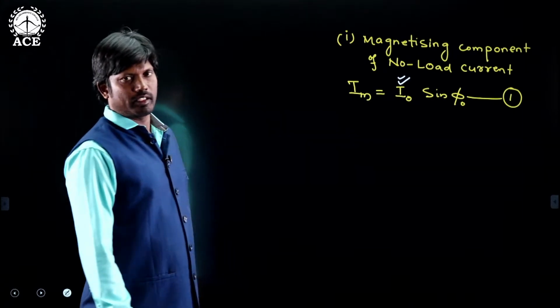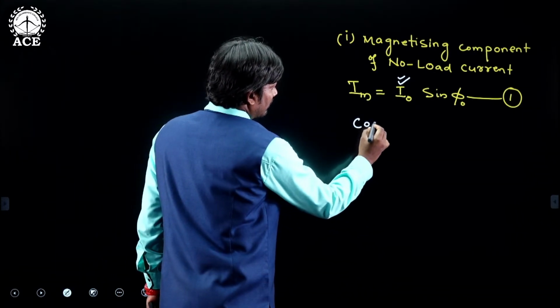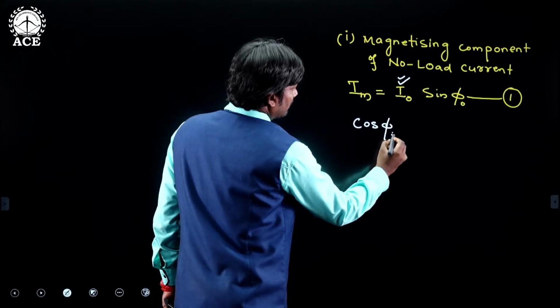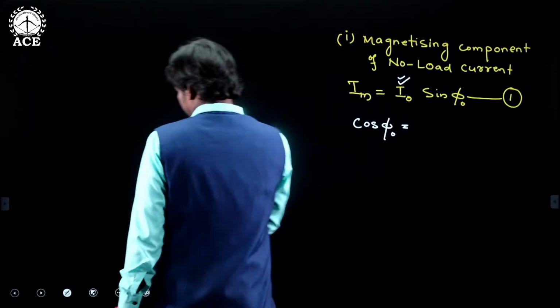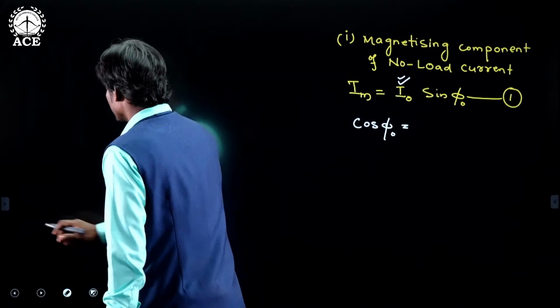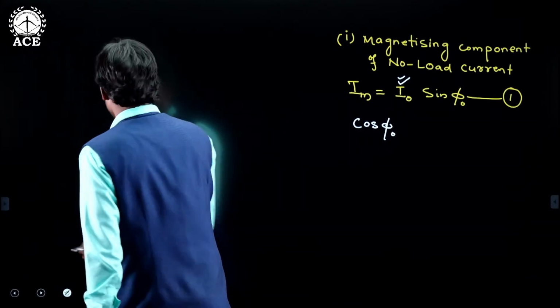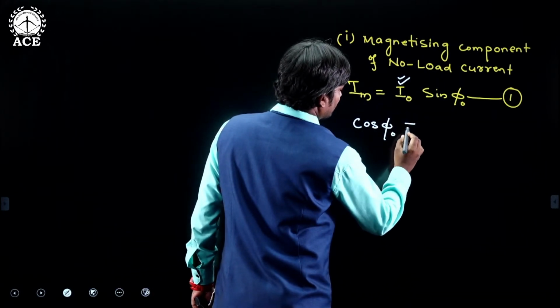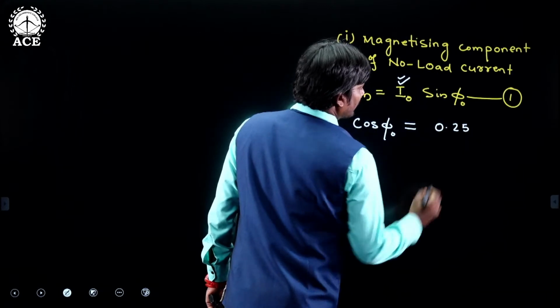How to calculate sin phi naught? Now we know cos phi naught is equal to 0.25.